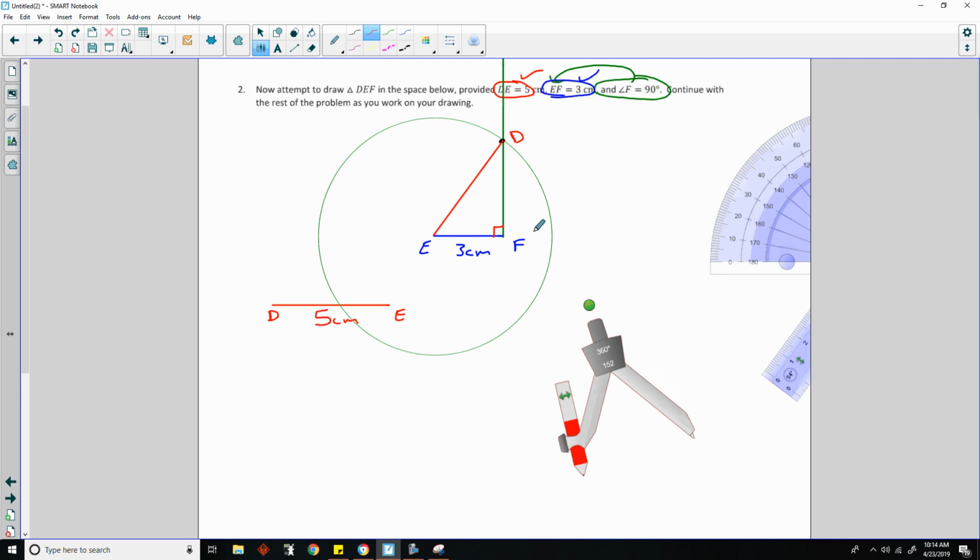All right, so what did I do? I drew EF, which is the segment that has the endpoint of the given angle.